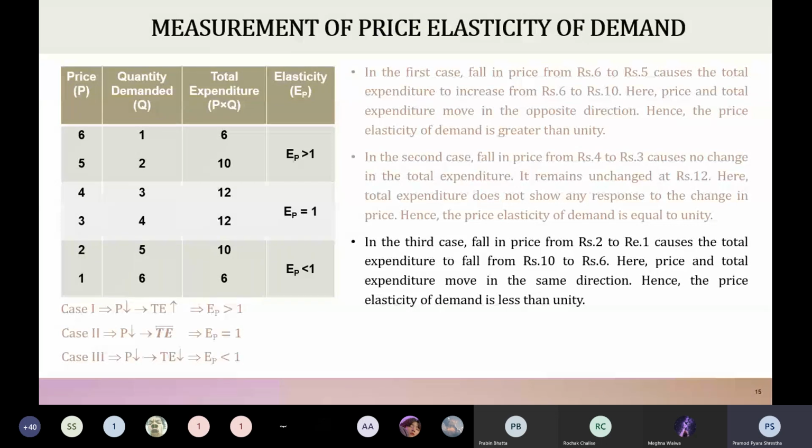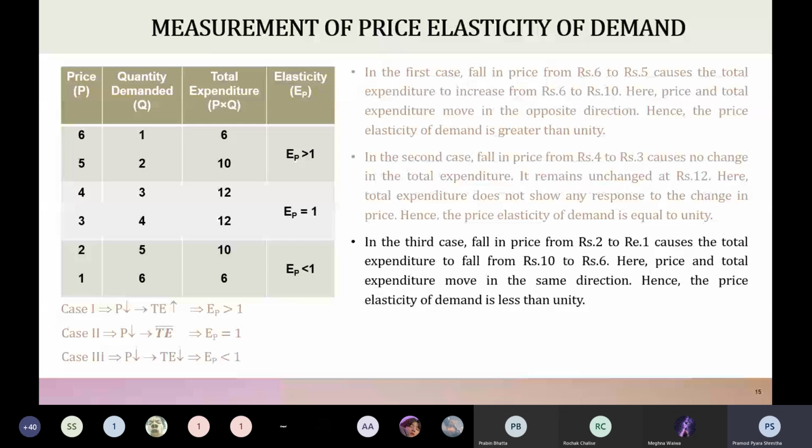So these are the three possibilities explained in tabular form, and the next step is explaining this concept diagrammatically. So we are going to make a figure, that is a diagram, which explains these three possibilities. Let's move on to the next slide.